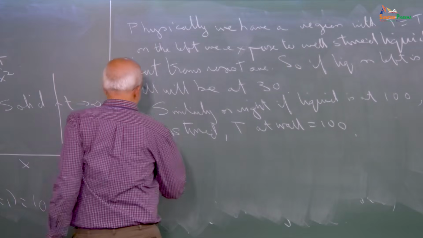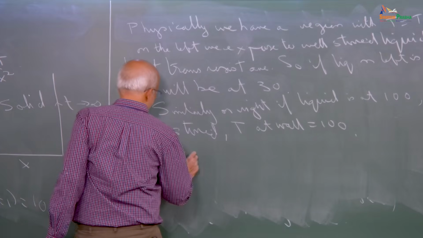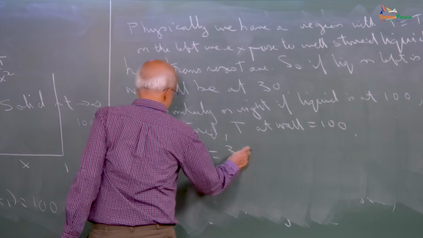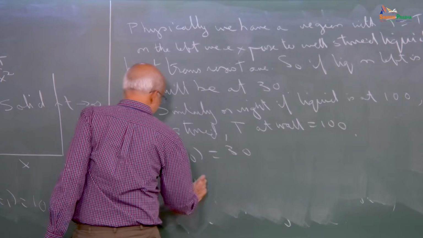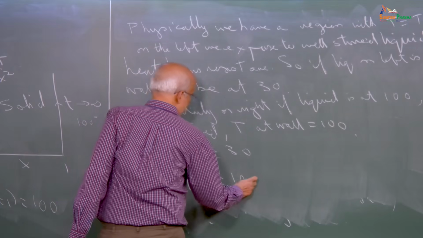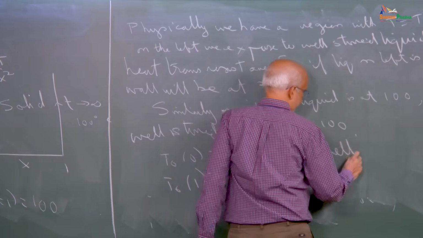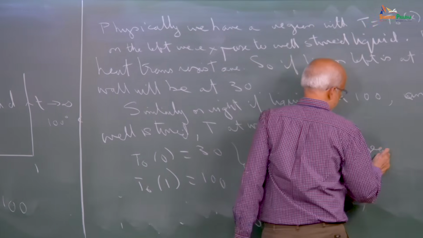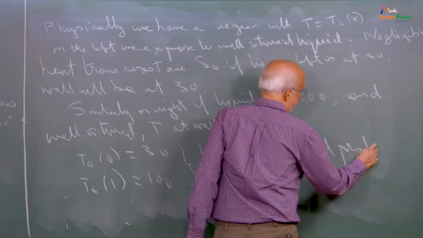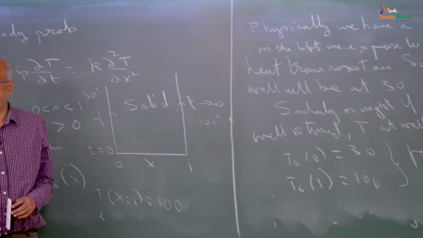Again, I want to make sure that T naught of 0 must be equal to 30, and T naught of 1 will be equal to 100 for a well posed problem. Okay.